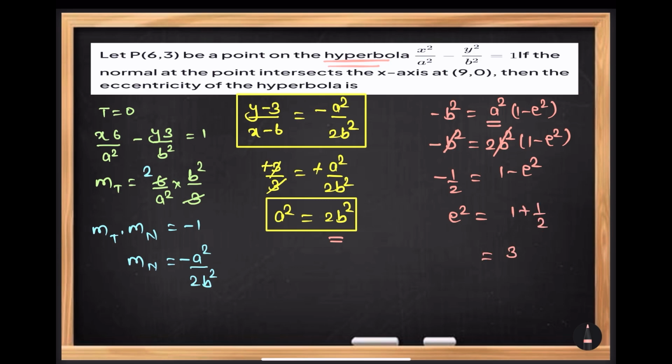So it is 3 by 2. So we got eccentricity square as 3 by 2. But we want the eccentricity of the hyperbola. So the eccentricity is root of 3 by 2. Okay. I hope the idea is clear.